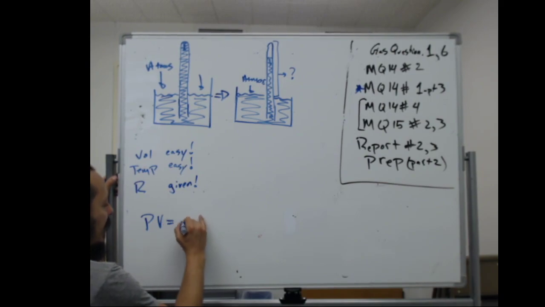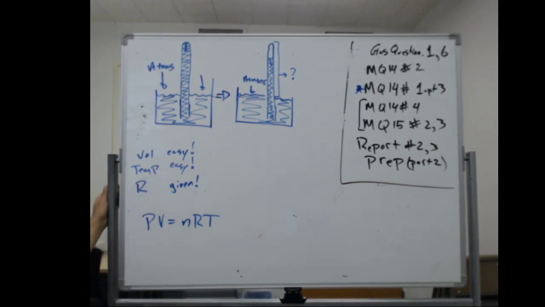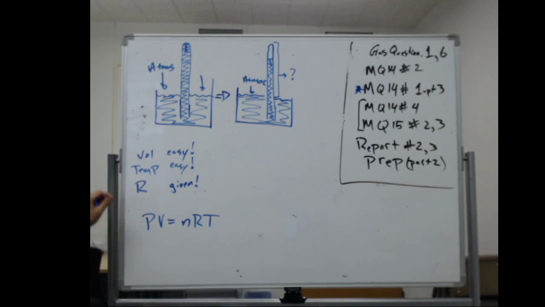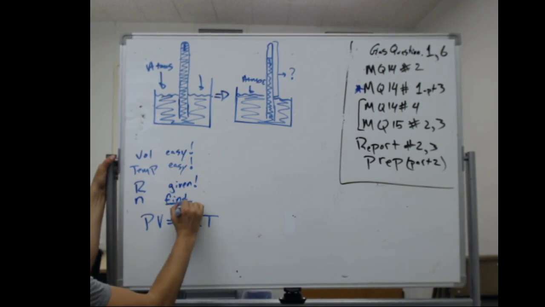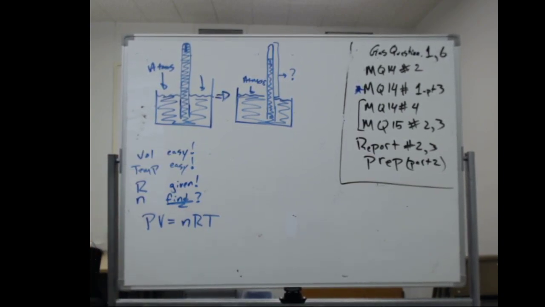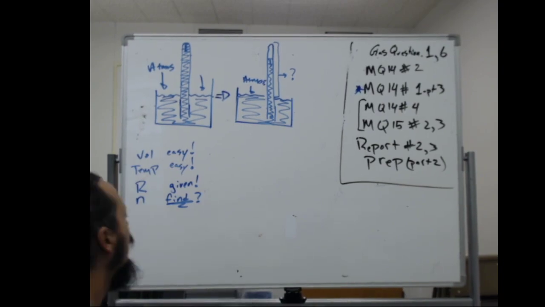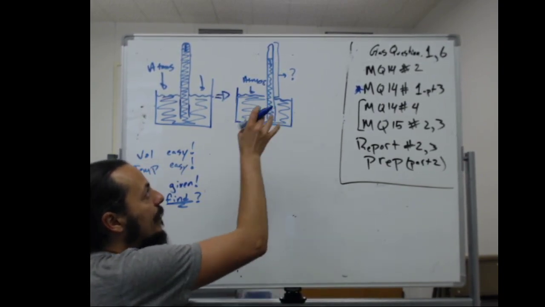If we look at our equation again in terms of what we do and don't know, we've got this problem where the n, the number of moles of gas in there, is kind of the thing we're looking for. That's usually what we're trying to calculate. So that's going to be our thing that's a little bit more complicated. And then the pressure is also a little bit more complicated because there's more than one thing for the pressure balance.